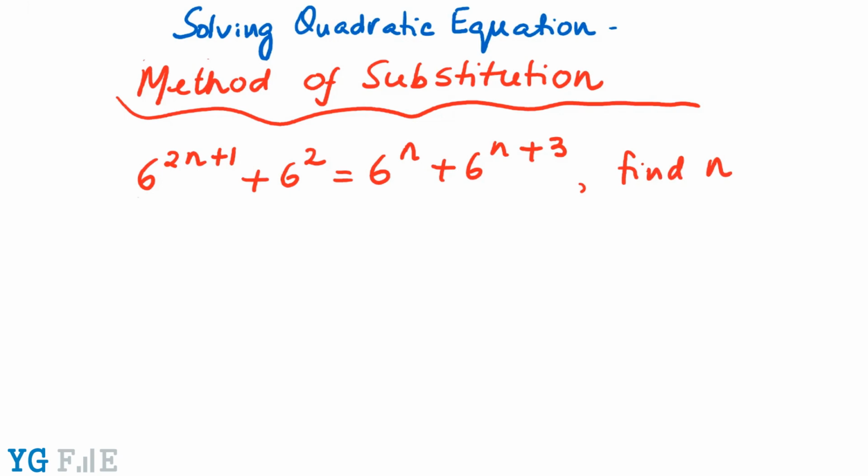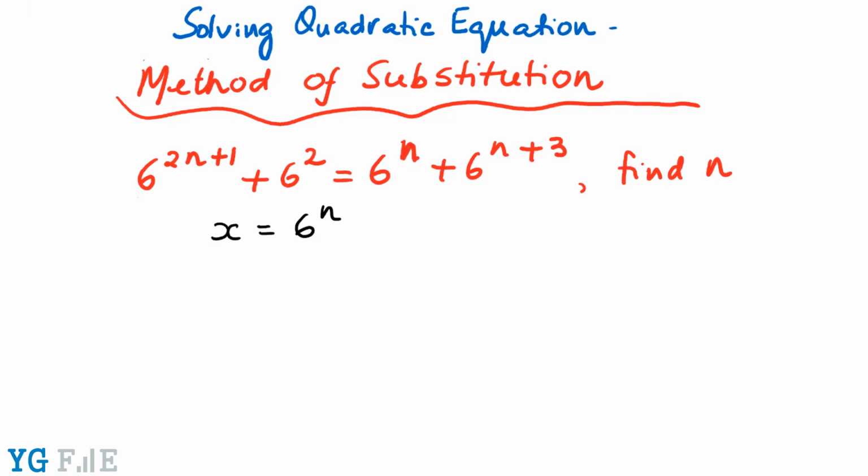In order to solve this equation, one should think about what is troubling us, which is the 6 to the power n, and we are not sure how we can get rid of 6 to the power n. So we will again use substitution. We will let x be equal to 6 to the power of n. So let us see what happens.